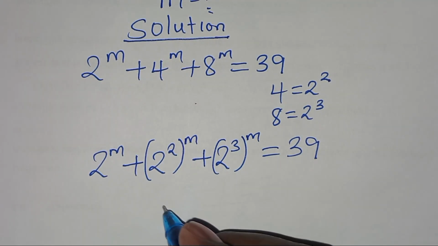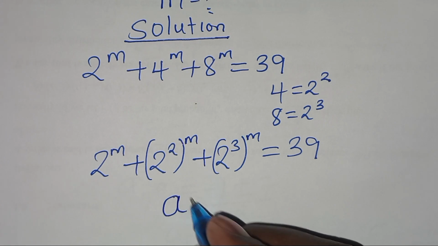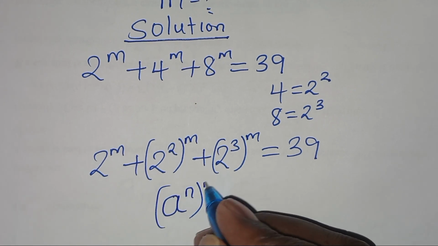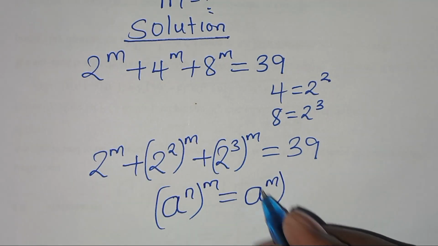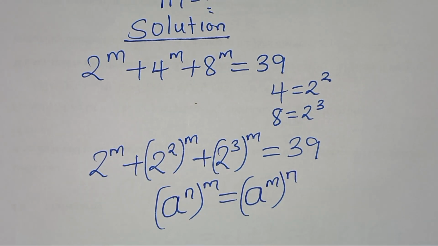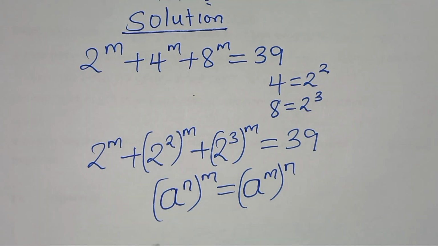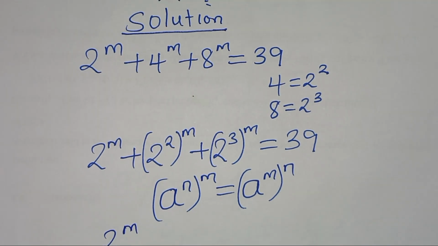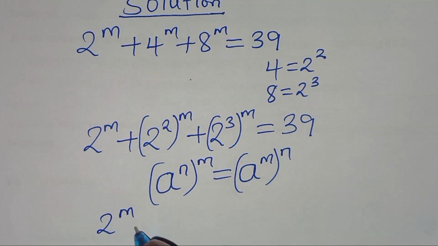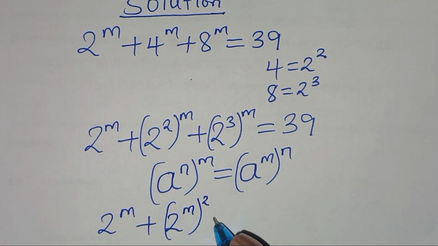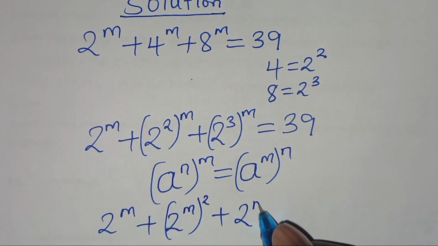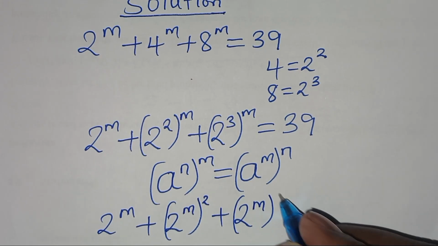Now, given the exponent property that a to the power n raised to the power m can be expressed as a to the power m raised to the power n, applying this exponent property, here we'll have 2 to the power m plus 2 to the power m squared, then plus 2 to the power m raised to the power 3.